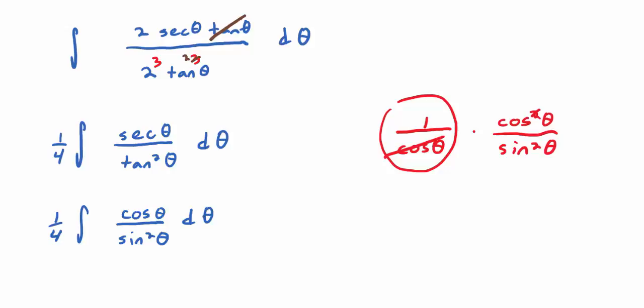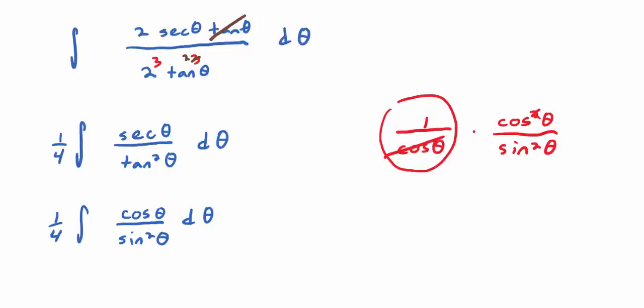So this goes back to techniques from, I guess, the second section in the chapter. What could I let U be so that I get a nice du? Just sine, yeah. If you let U equal sine, then du is cosine theta d theta, and you've got a nice factor of cosine theta ready to go.